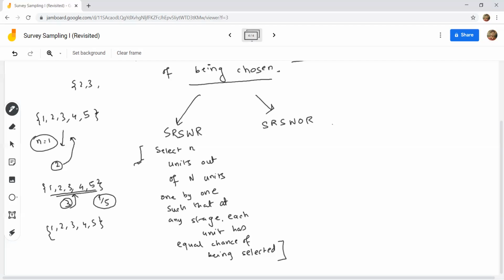Yeah. So the same thing now for SRSWOR, the same thing will take place, but in this case, the elements will not be replaced.